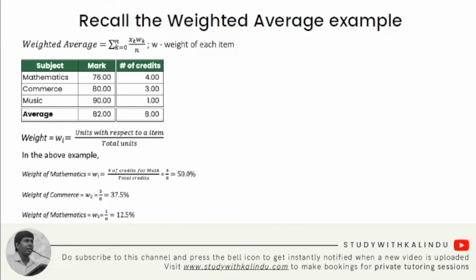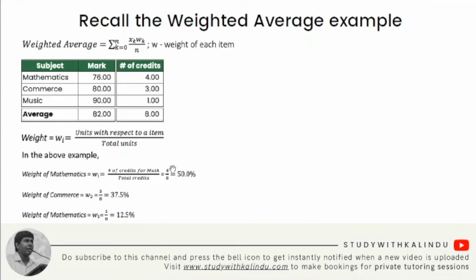For mathematics, for example, you had an individual credit score of 4. You divide it by the total credit score of 8. So the individual weight for mathematics is 50%. For commerce, it's 3 divided by 8, it's 37.5%. For music, it's 1 divided by 8, which is 12.5%.